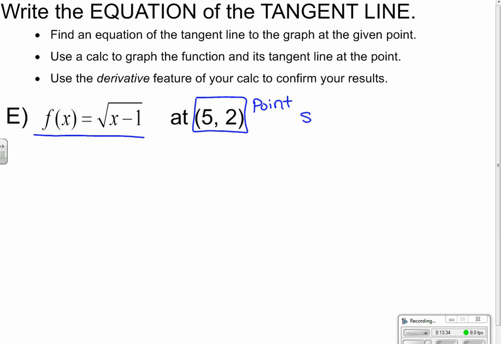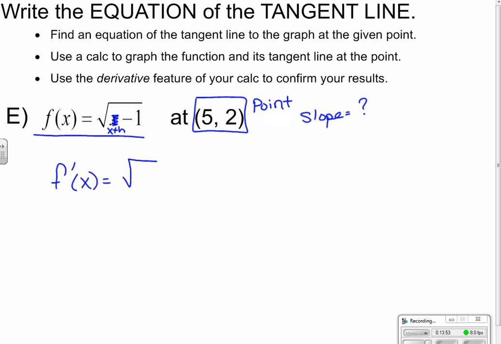What you need to figure out next is the slope, right? Go in and use that formal definition of derivative. F prime of x is equal to, and I'm going to help you get this set up. We want to evaluate it at x plus h. So everywhere I see an x, I'm inserting x plus h.